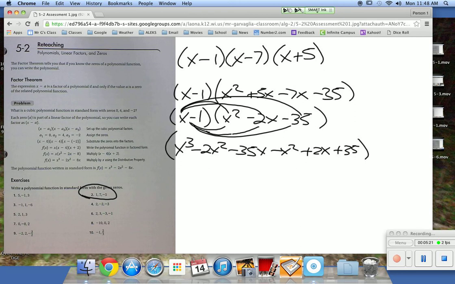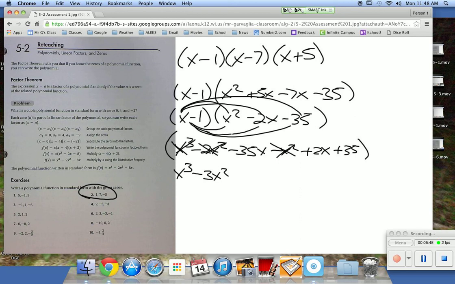All we had to do is make sure that we hit each one of these terms with each of these values. So I'm left with an x cubed. I got a minus 2x squared, and I got a minus x squared, minus 3x squared. And if this is going to make it easy for you, as you put it down here, cross it off. All right? Cross it off so you know you've got that pulled down, you've combined.